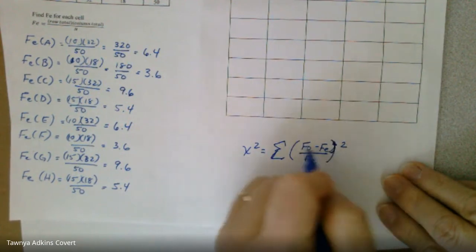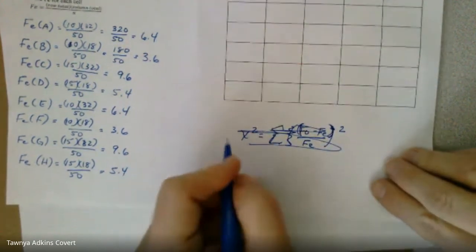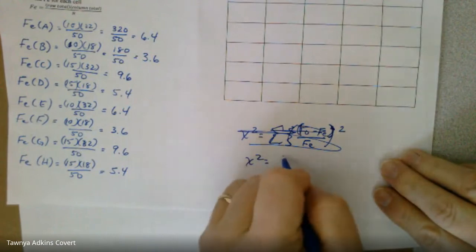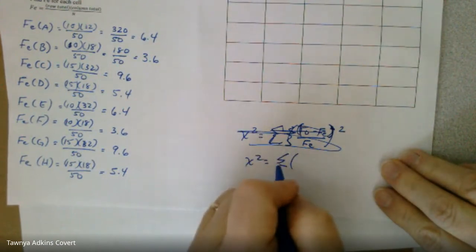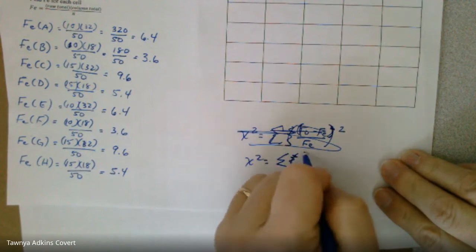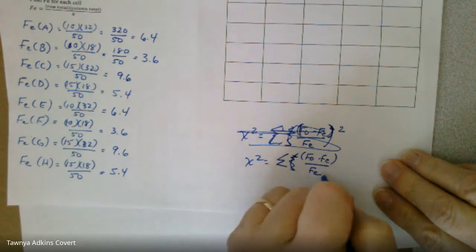So, excuse me, I'm going to do that over because you need to see it cleanly. Chi-square is equal to the sum of FO minus FE, squared, over FE.